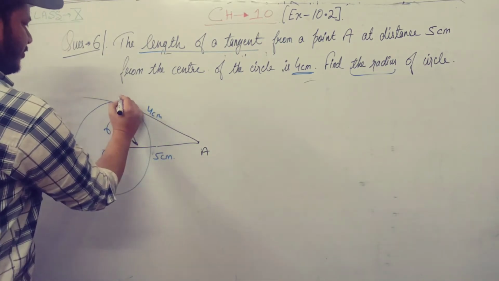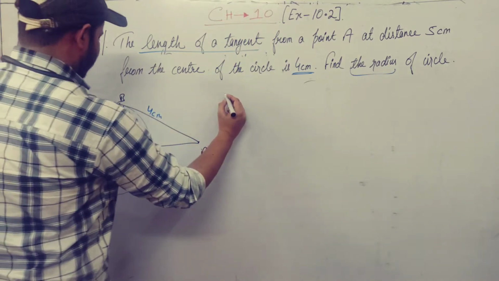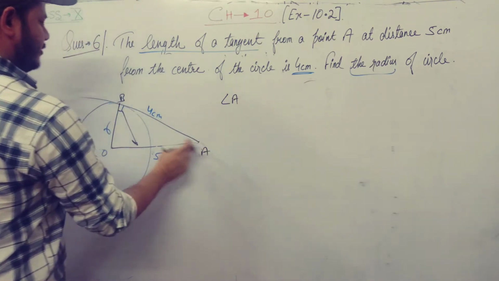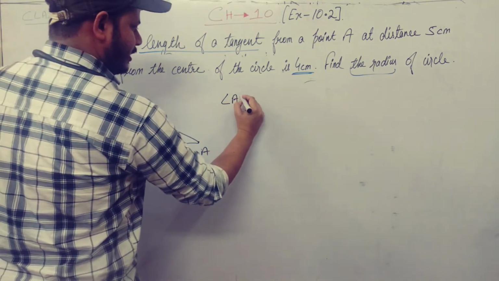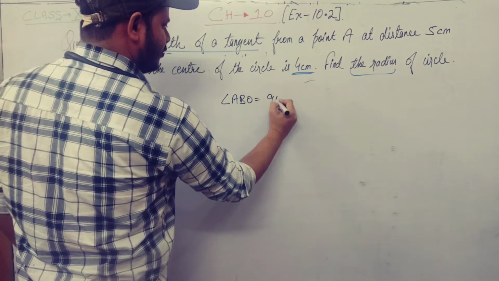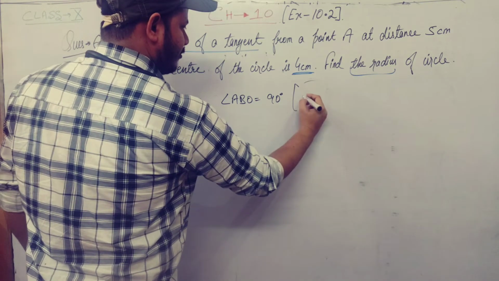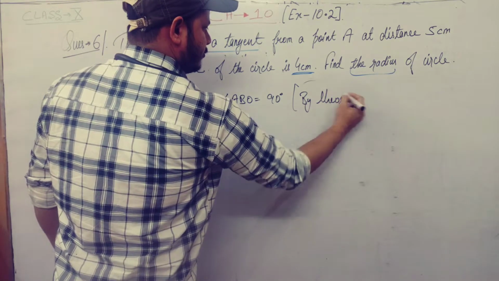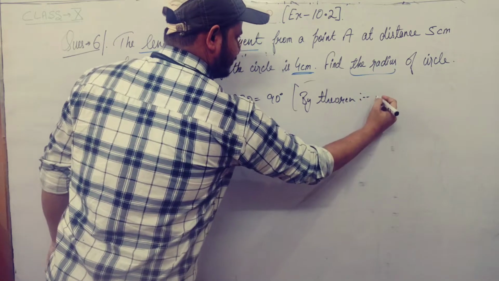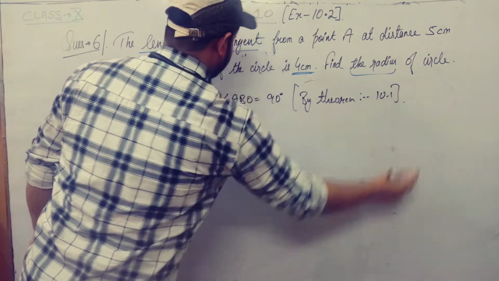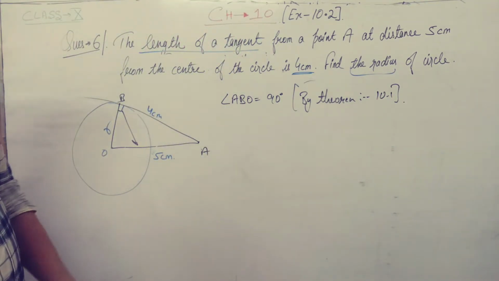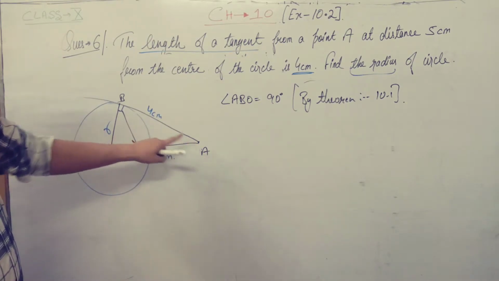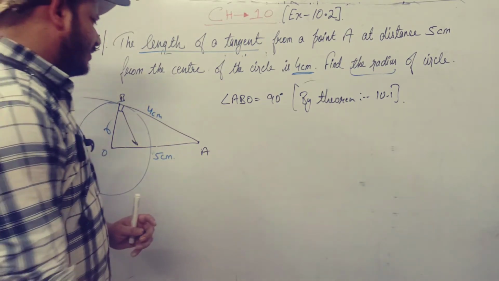So from this diagram we can say that angle ABO is equal to 90 degree by theorem 10.1. So by theorem 10.1 we can say that the angle ABO is 90 degree.